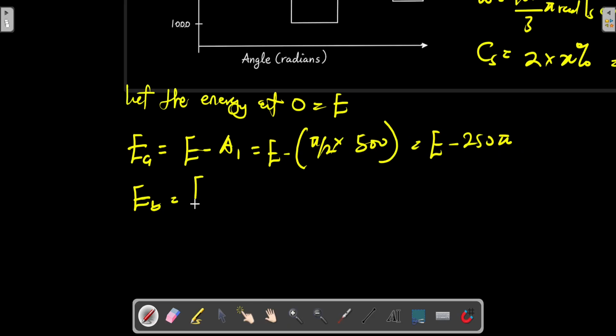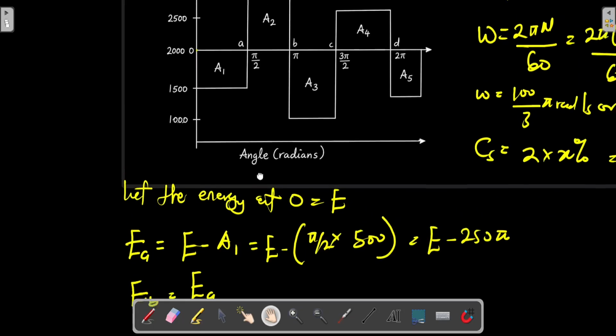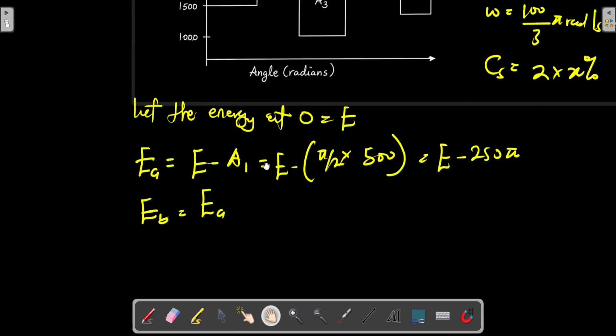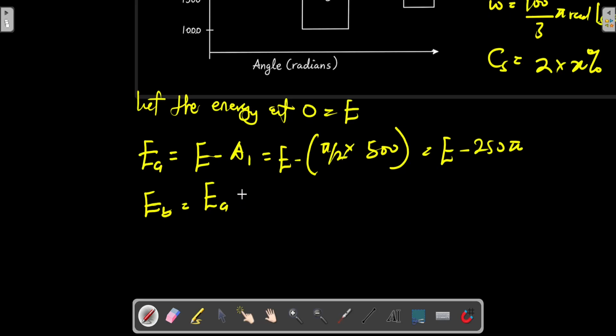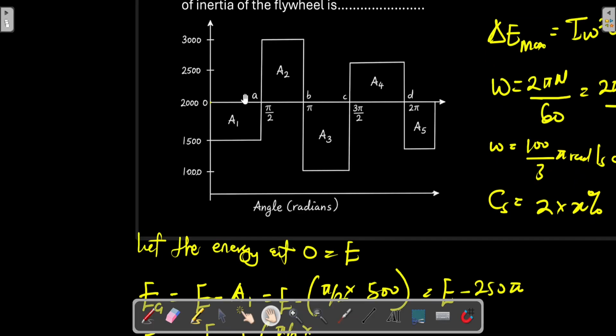So it will be energy at A, and that fluctuation is a positive fluctuation. So energy at A plus half pi multiplied by 1000, which was 3000 minus 2000.